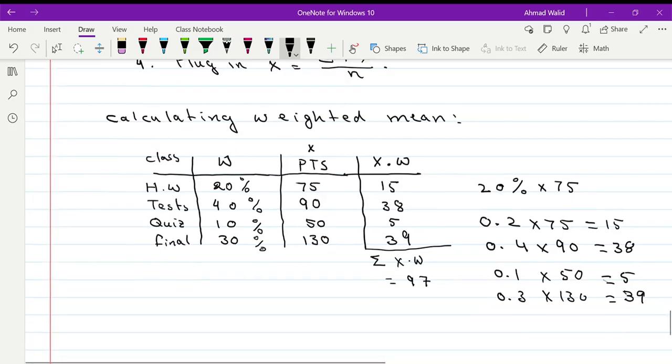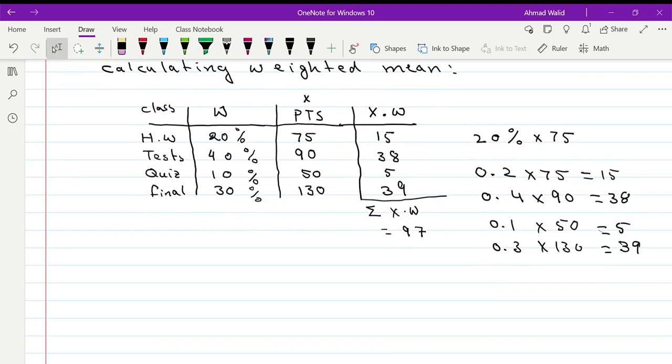What is the formula? And this one, you know, always it's 100, correct? Because if you add these, it's 100%, correct? The sum of your w's, correct? What you do, your formula is x bar equals sum of x times w over sum of w's.